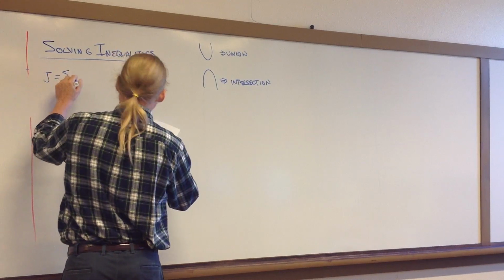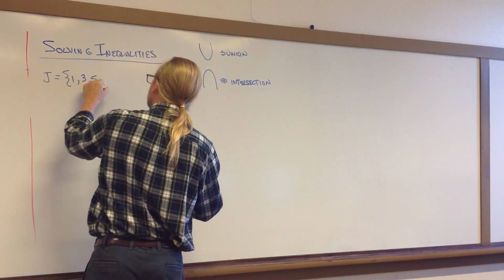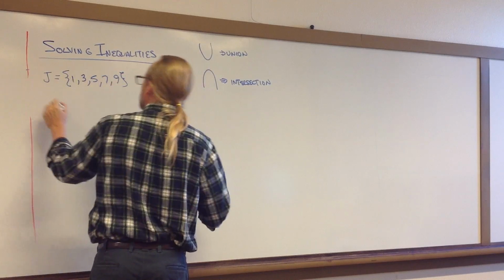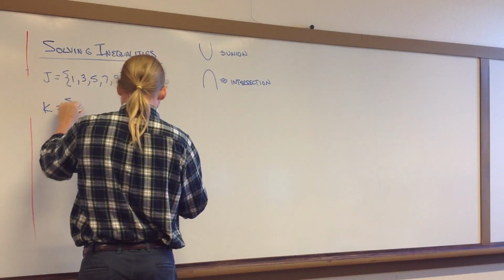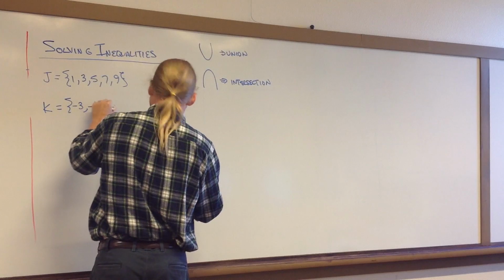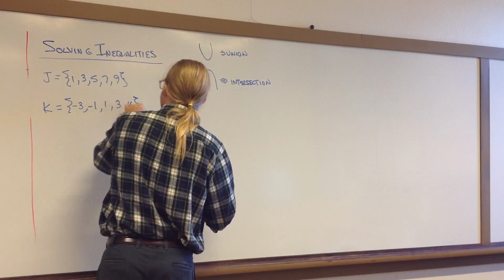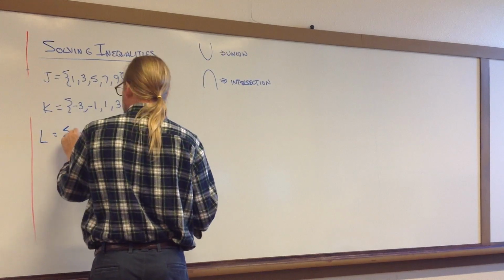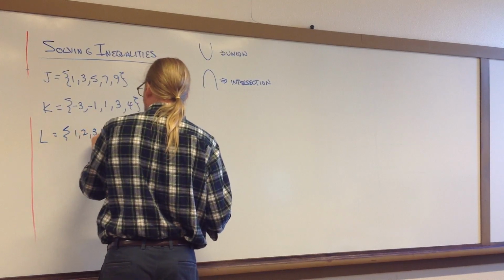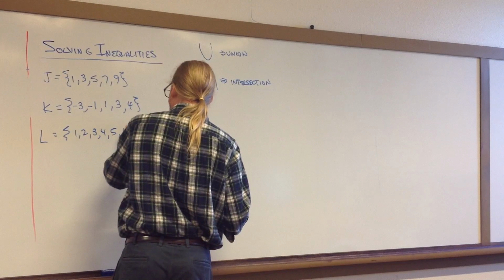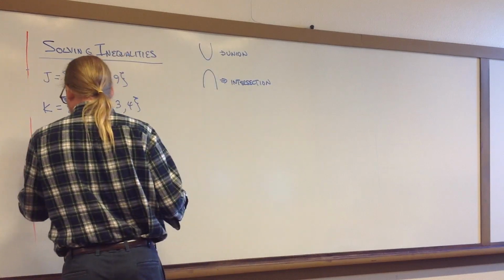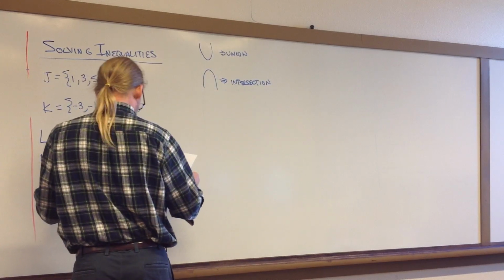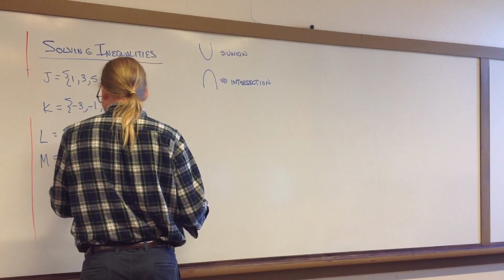Set J: 1, 3, 5, 7, 9. K: -3, -1, 1, 3, 4. L: 1, 2, 3, 4, 5, 6, 7. And then M: 3, 4, 5, 6, 7.